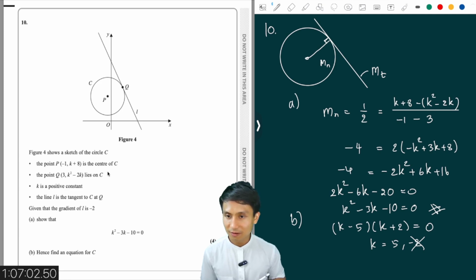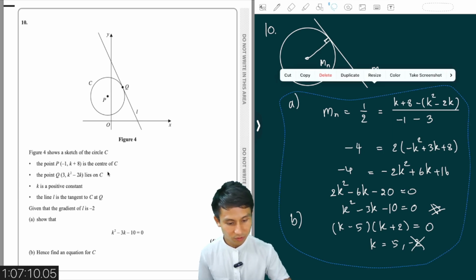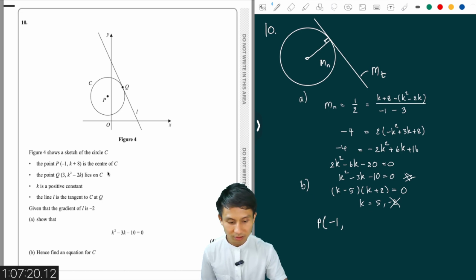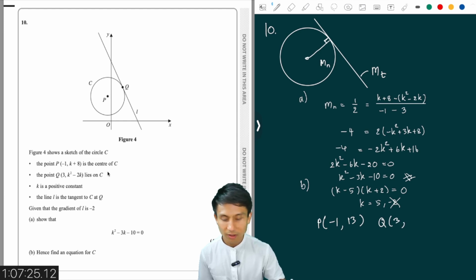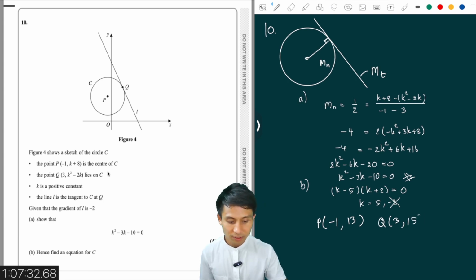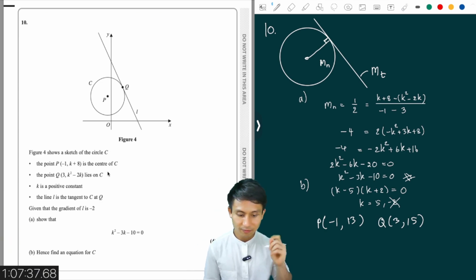Now if k is 5, we can find the radius and points P and Q. So P would be the point (-1, 13), since 5 plus 8 is 13, and Q would be at 3, and k squared is 25 minus 10, which is 15.